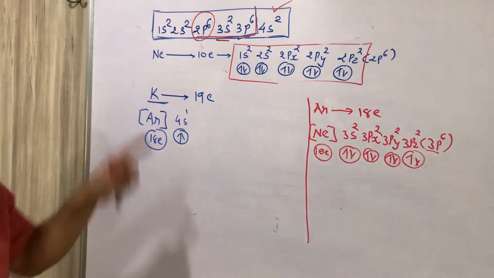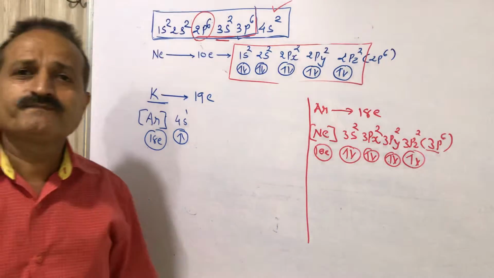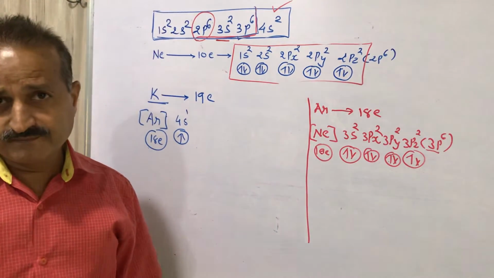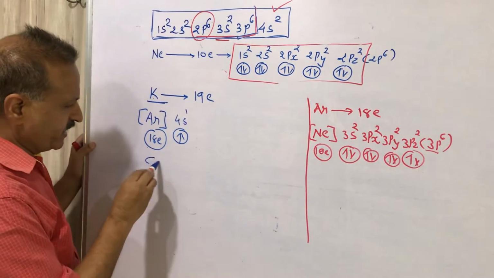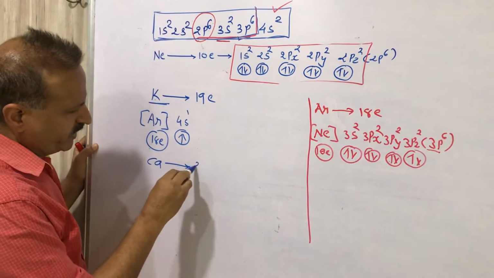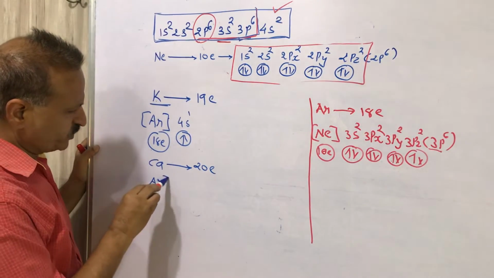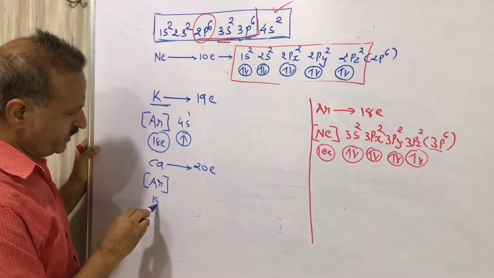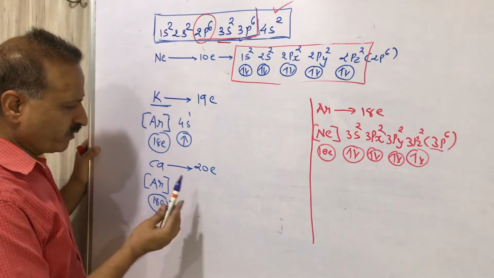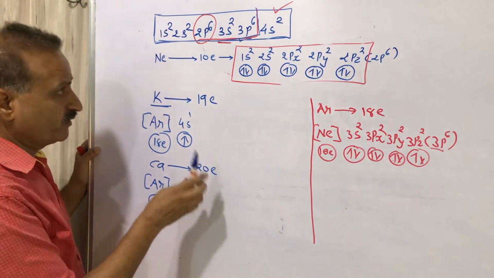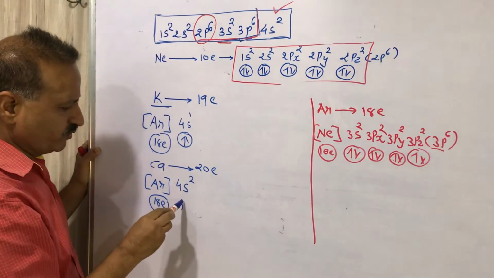No need to write 1s2, 2s2, 2p6, 3s2, 3p6 like that. Very easy. Now calcium, the last element of today's lecture, has 20 electrons. We are writing Ar in square brackets, which means we have filled 18 electrons, and 2 electrons are required. The s orbital will fill a maximum of 2 electrons, so it is 4s2.